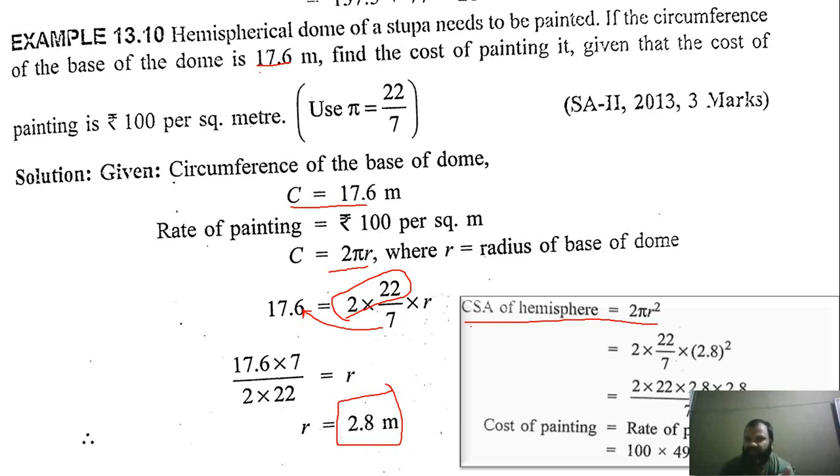After that, what is given in this question is the rate of the painting, which is 100 rupee per square meter. So you get the cost of the painting: CSA times the rate, 100 rupee per meter square, multiplied by 49.28.